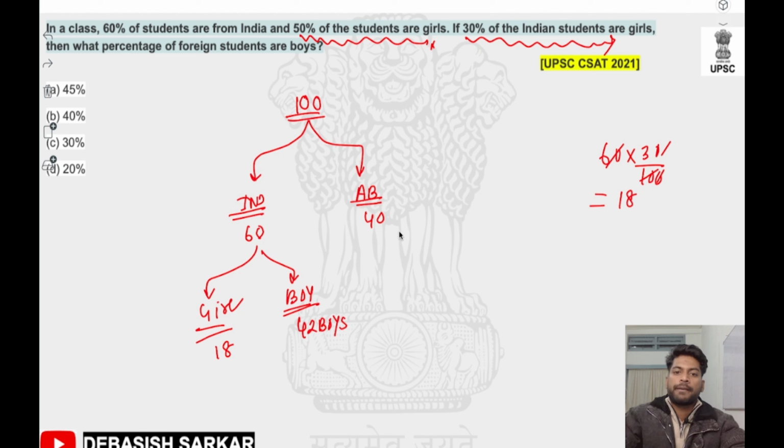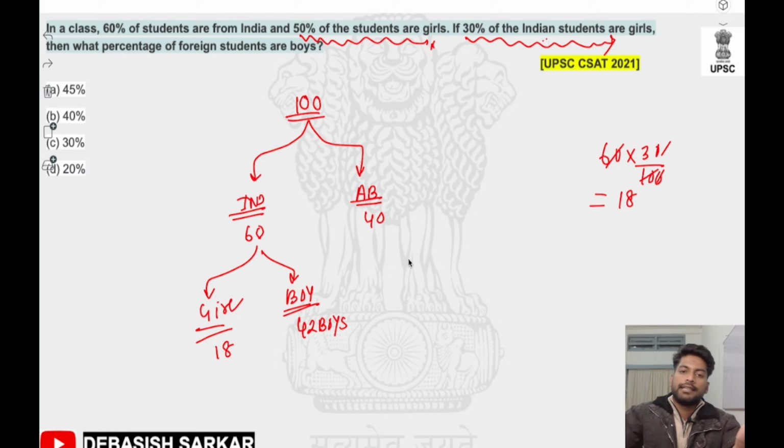This is girls. Now they are saying 30% of Indian students are girls. 60% students are Indian and abroad 40%. Out of that, 30% of Indian students are girls.